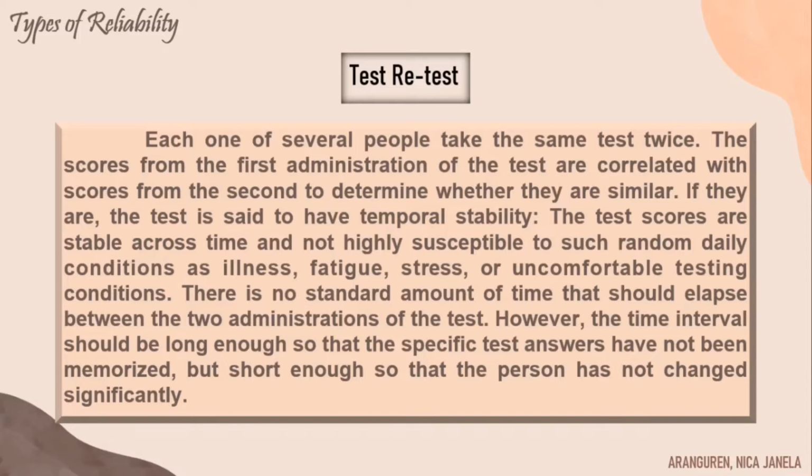So dito sa test-retest reliability, mine-measure nito yung consistency ng results kapag inulit mo yung same test on the same sample at a different point in time. Kapag nagawa na yung dalawang test, tapos yung same result, ayun nga ang tawag dun ay temporal stability. For example, nag-devise ka ng questionnaire para ma-measure yung IQ ng isang grupo ng participants. In-administer mo yung test 2 months apart to the same group of people.